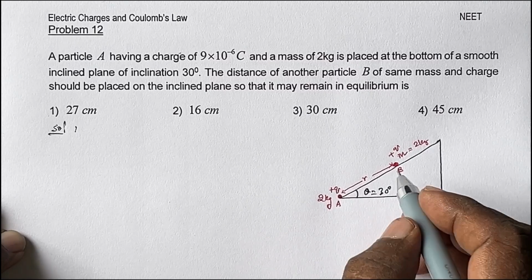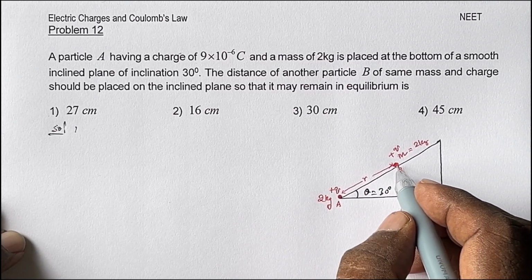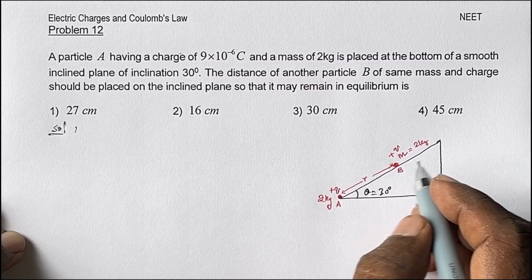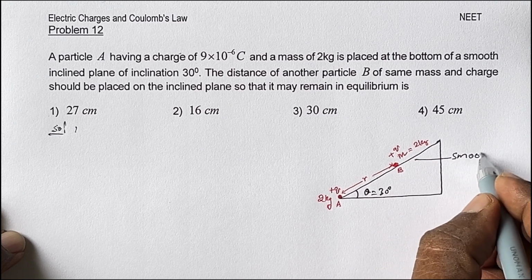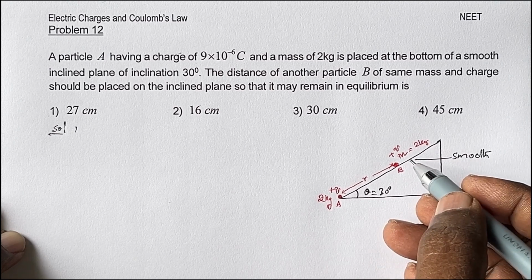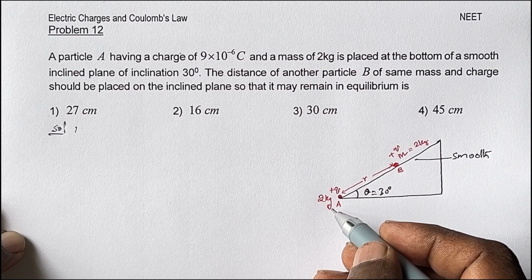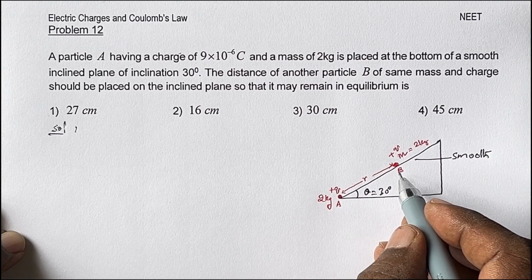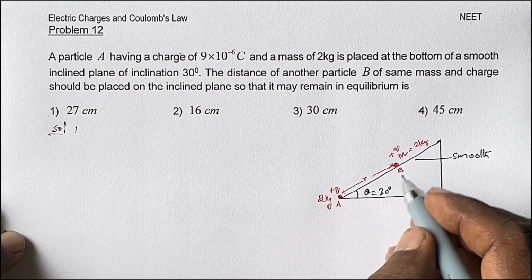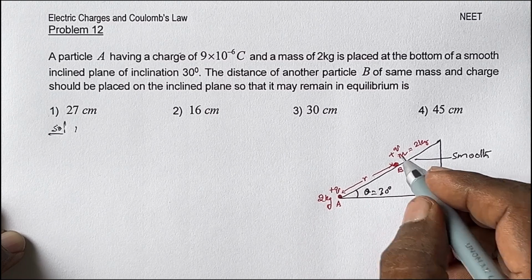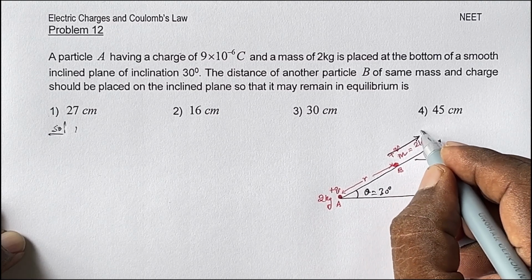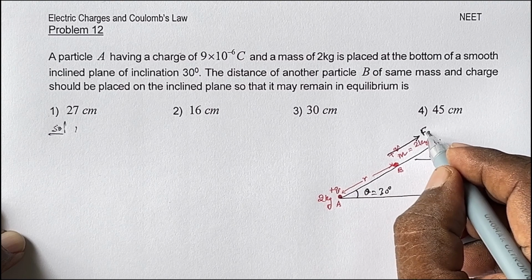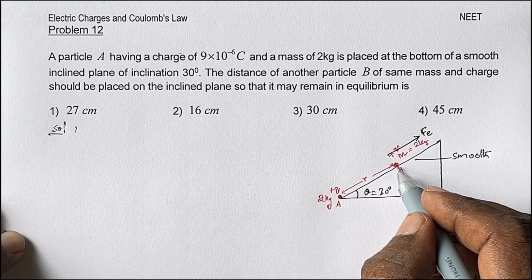Actually, when we place a particle or sphere, any object on an inclined surface, this inclined surface is a smooth inclined surface. So it will slide down, but it is not sliding down. See, this is positive, this is positive. In this direction, the repulsive electrostatic force is acting.